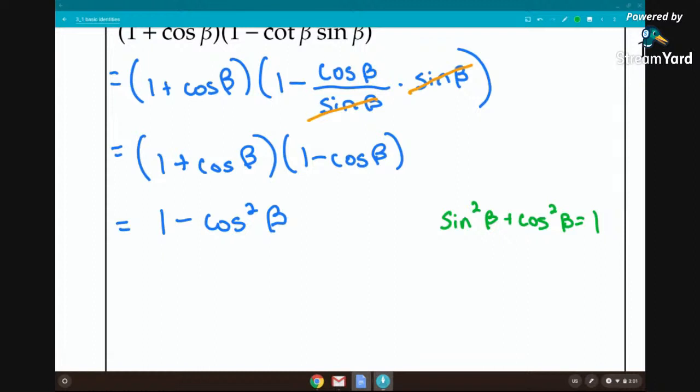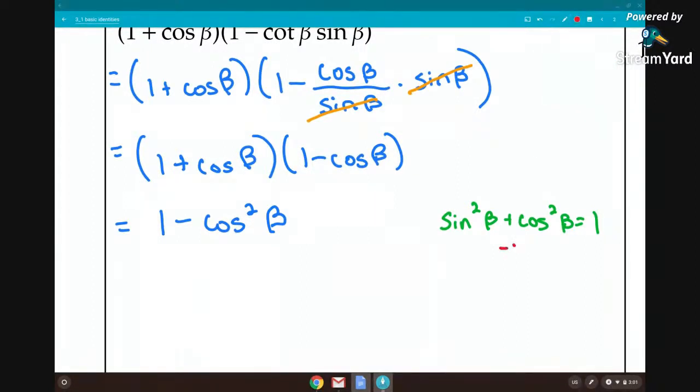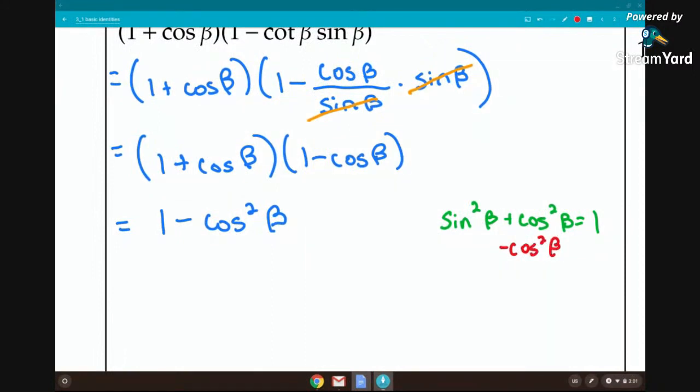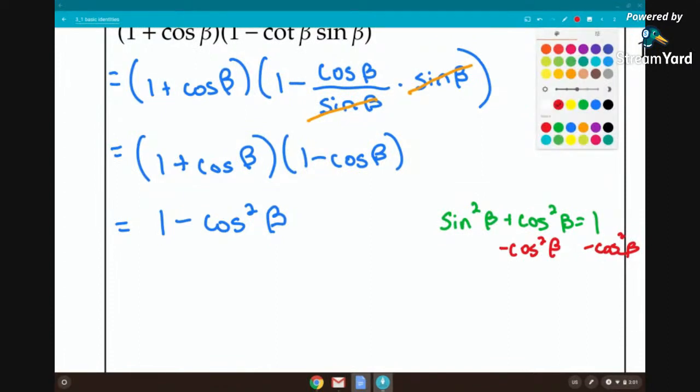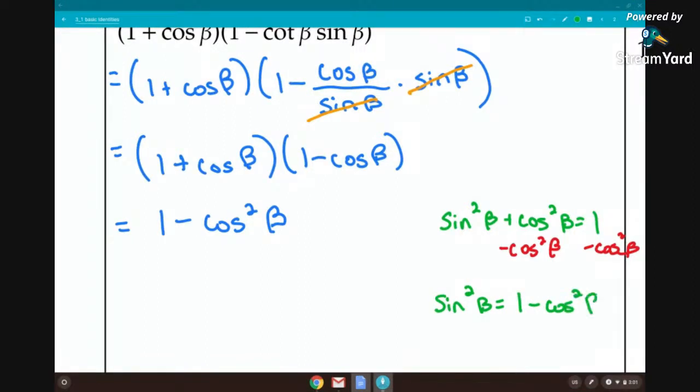Well, if we subtract cosine squared on both sides, you have an identity that states sine squared of an angle is 1 minus cosine squared.